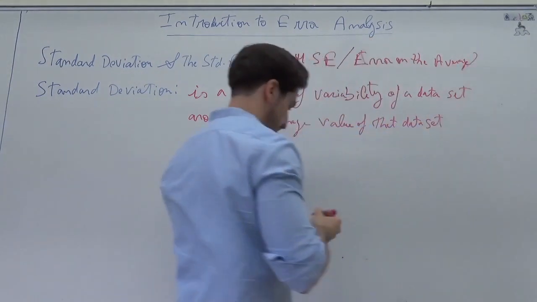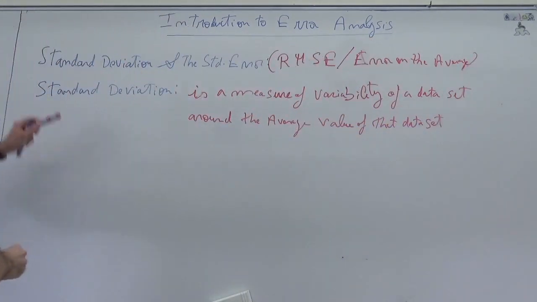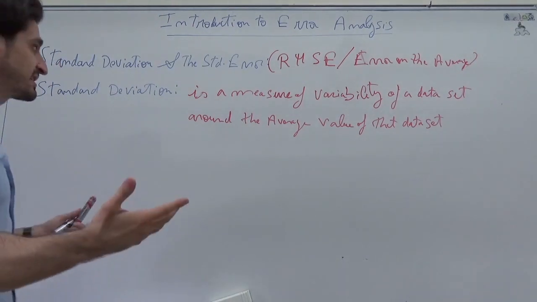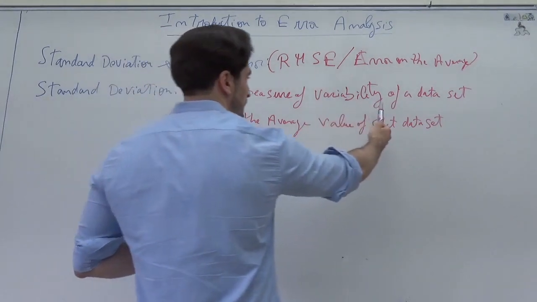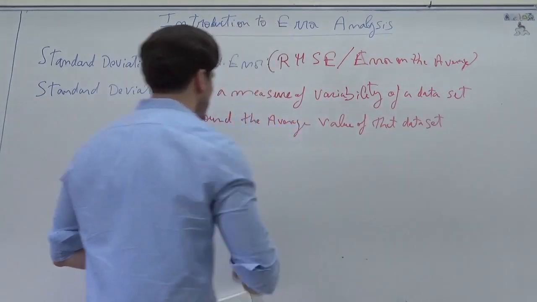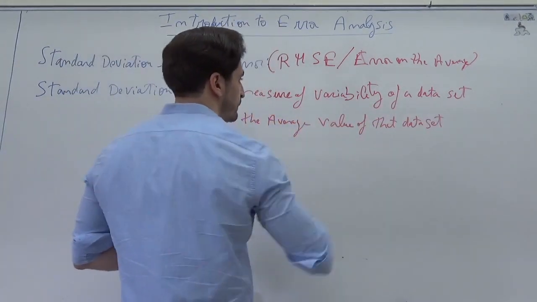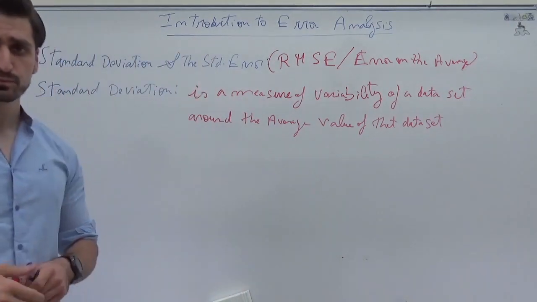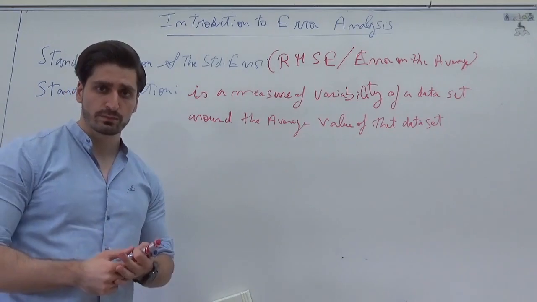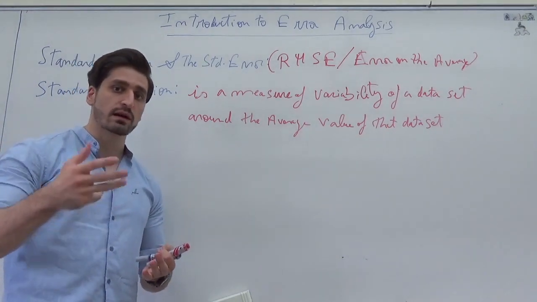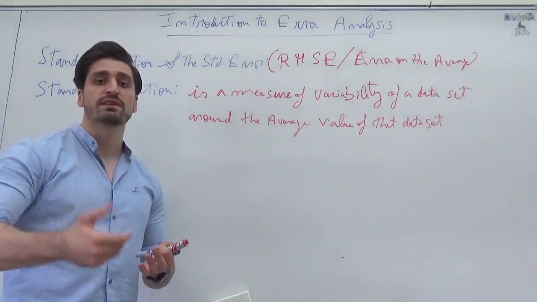So, starting with the definition of standard deviation. What's a standard deviation? Standard deviation is a measure of variability of a data set around the average value of that data set. Meaning that the standard deviation actually calculates a certain value, and that value is none other than an amount of deviation.